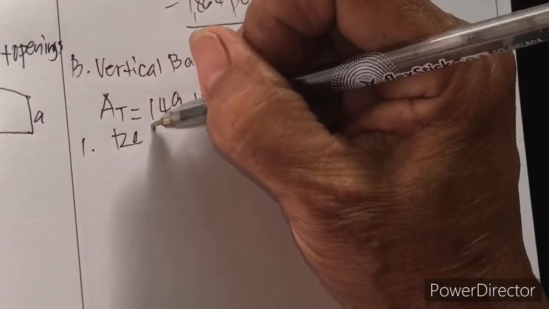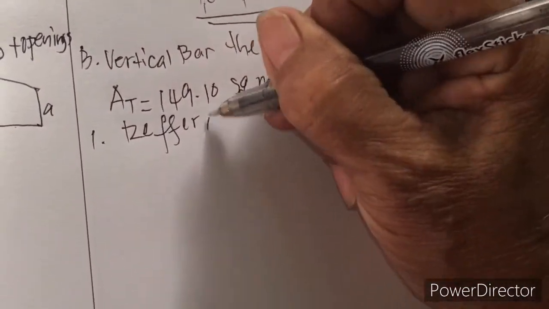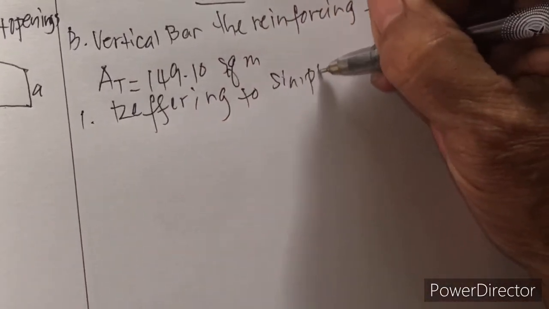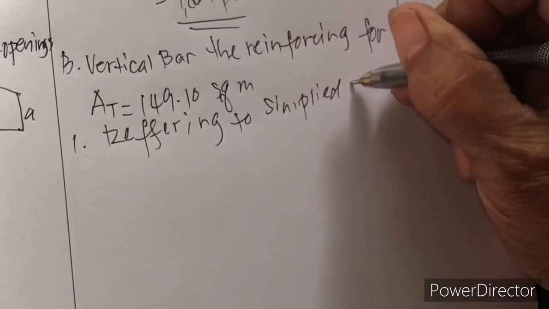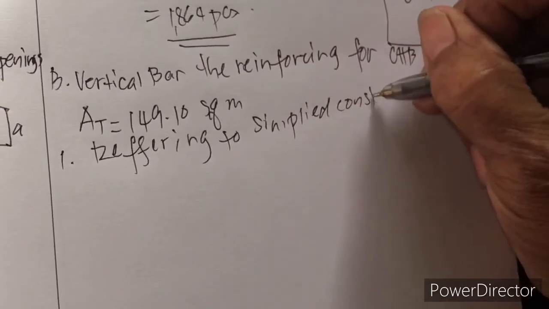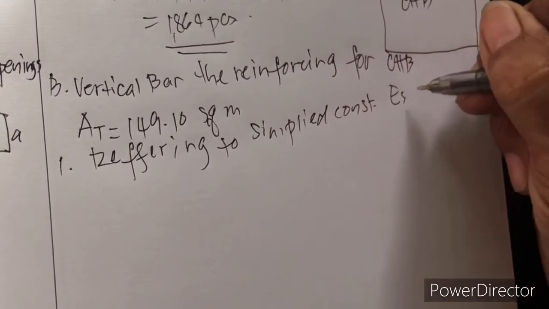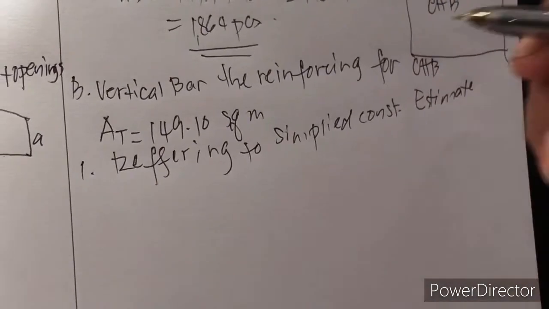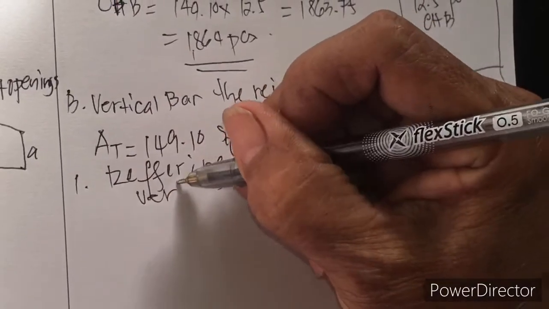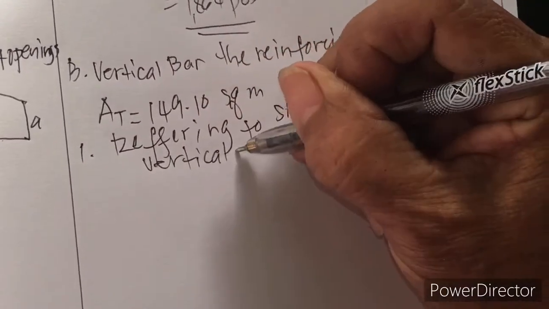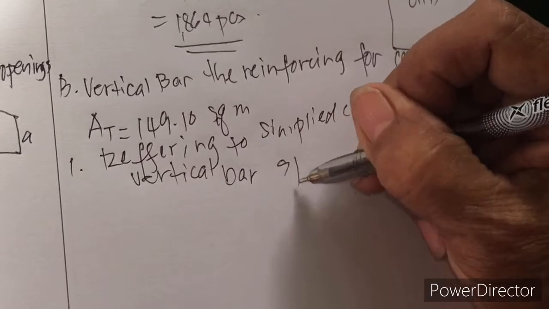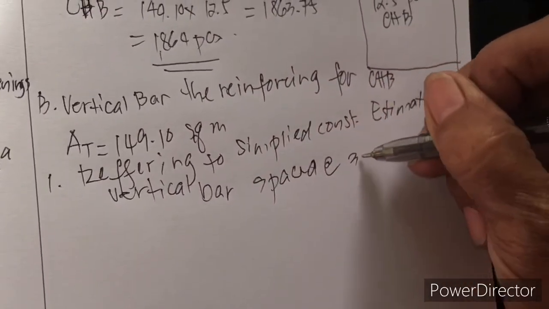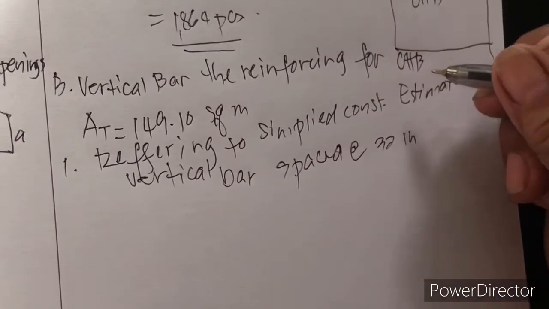Referring to the simplified construction estimate, vertical bars are spaced at 32 inches.